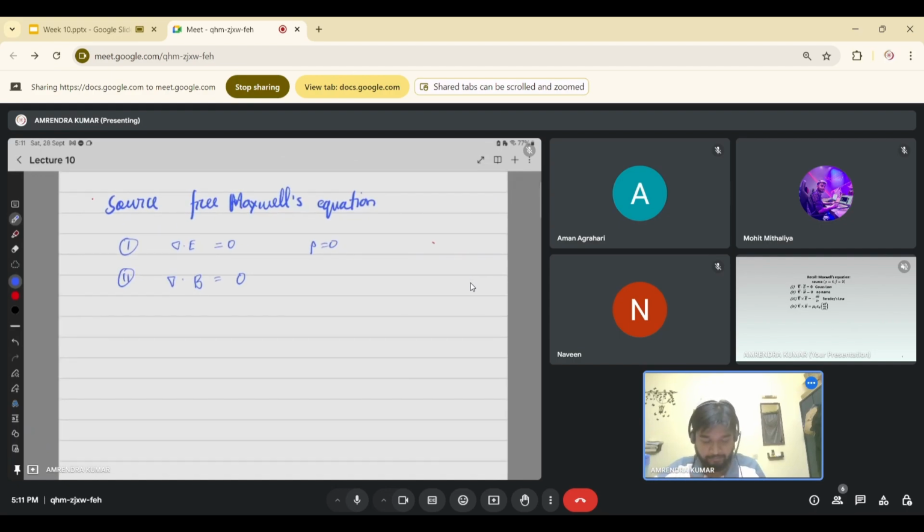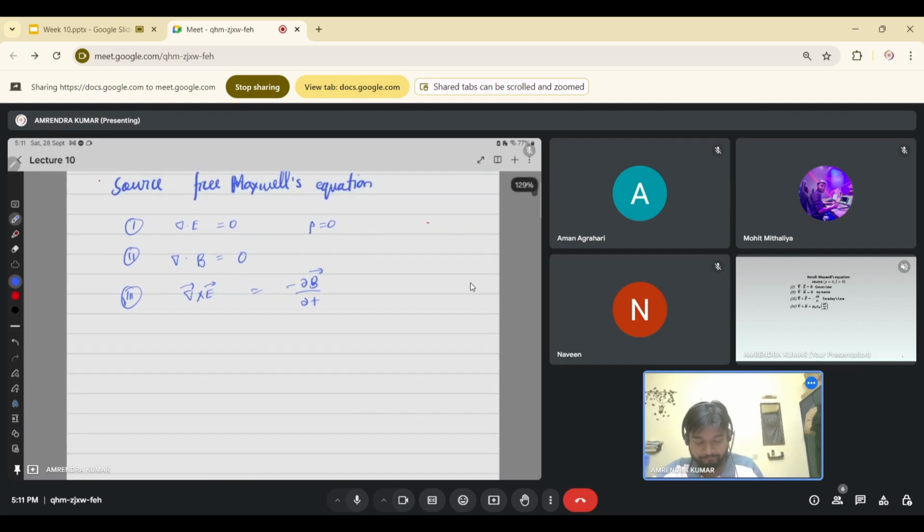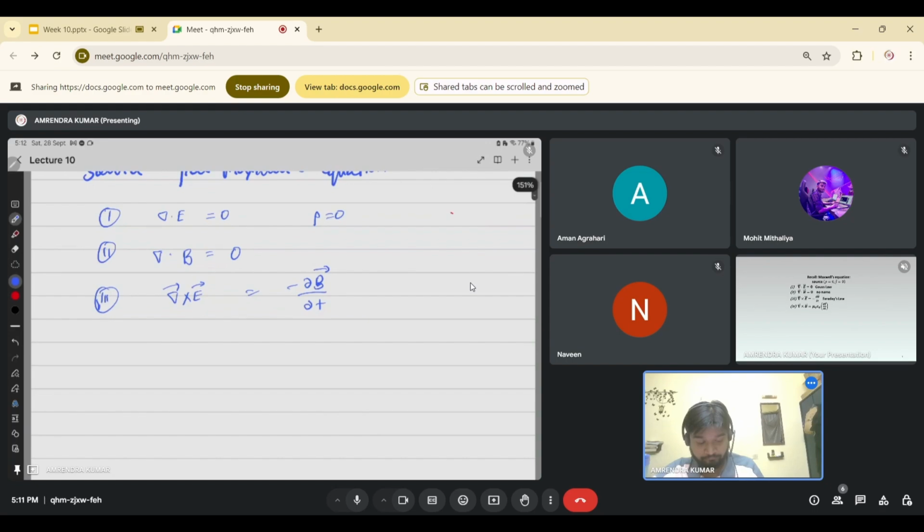And then the third one is del cross E is equal to minus del B over del T. This was the Faraday's law, and the fourth one is del cross B is equal to mu 0 J plus mu 0 epsilon 0 del E over del T. Since it's source free, J is also 0, so this term goes away.